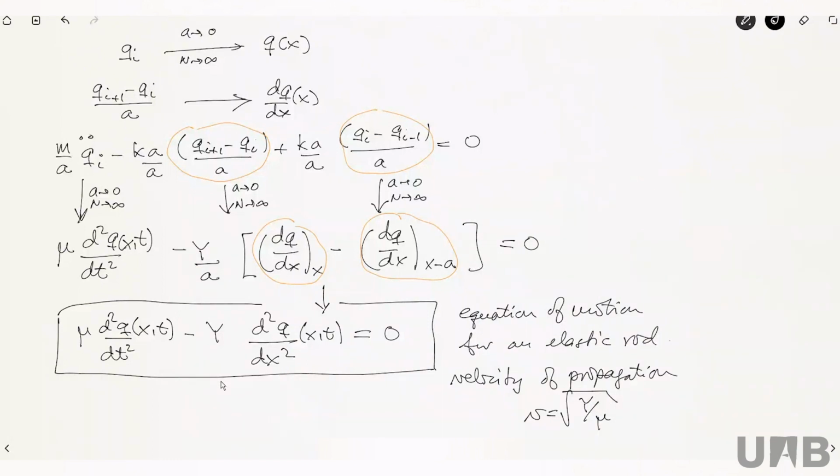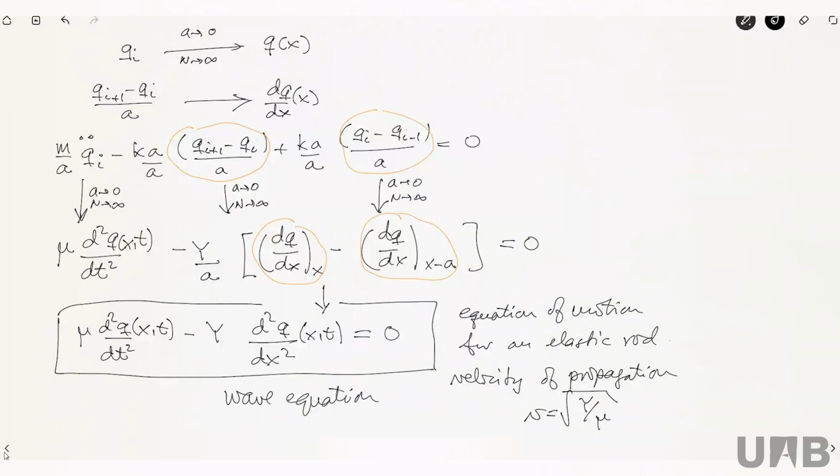This is clearly a wave equation, as you guys have seen in many other examples. And so the velocity of the waves in the system is given by the square root of the ratio of these two coefficients.